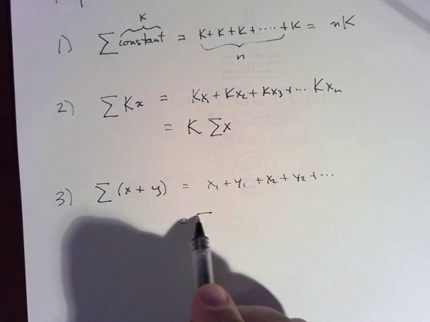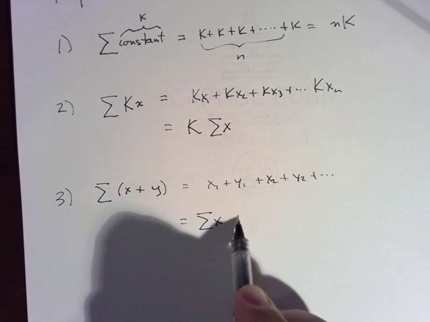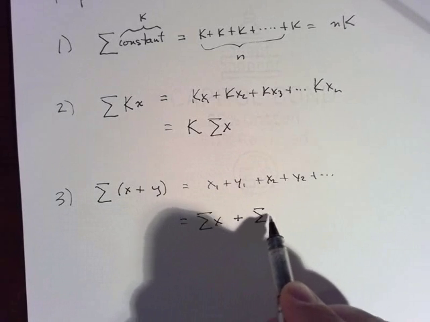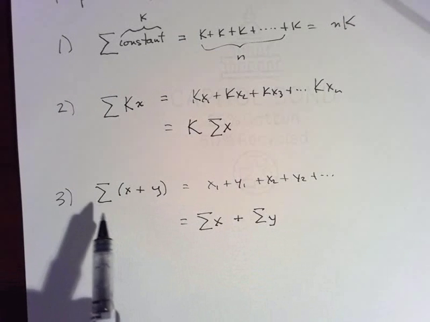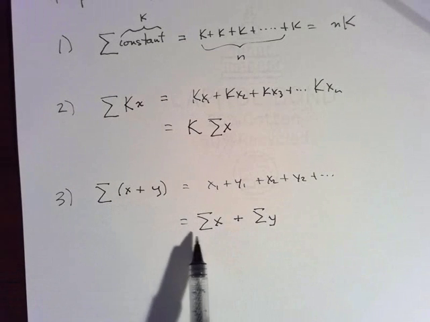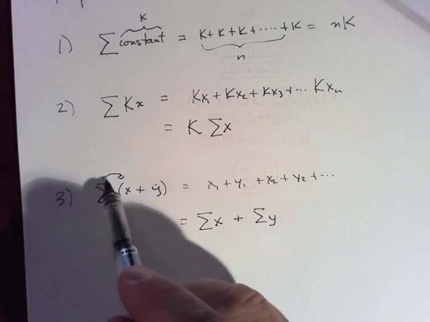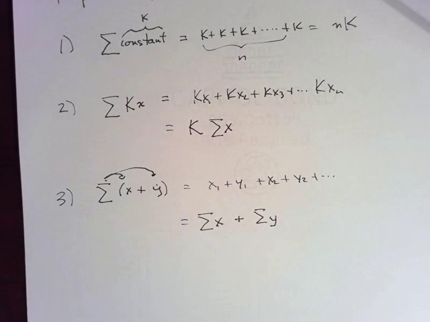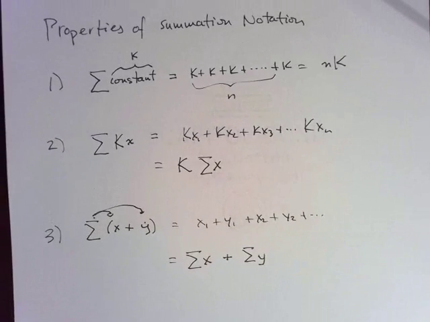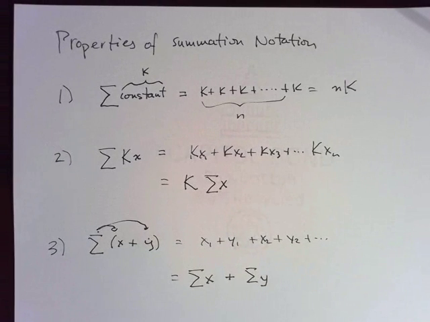So this is the same as sum x plus sum y. So this summation sign distributes in a sense. If you're doing two terms here, you can sum each one separately. And those are three properties of the summation notation that we'll use in some proofs in this class.